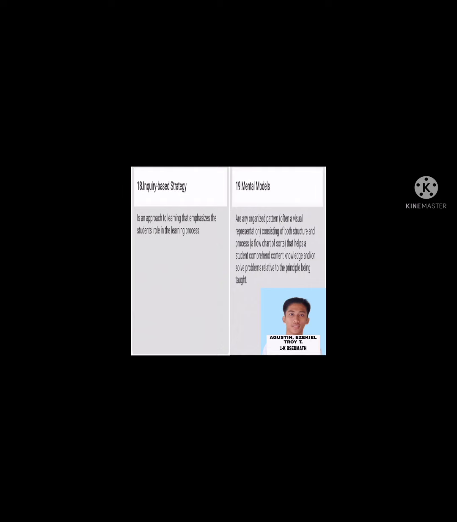Number 18, inquiry-based strategy, is an approach to learning that emphasizes the student's role in the learning process. This is a type of strategy in which students are encouraged to freely participate and share their ideas in the discussion. Number 19, mental models.